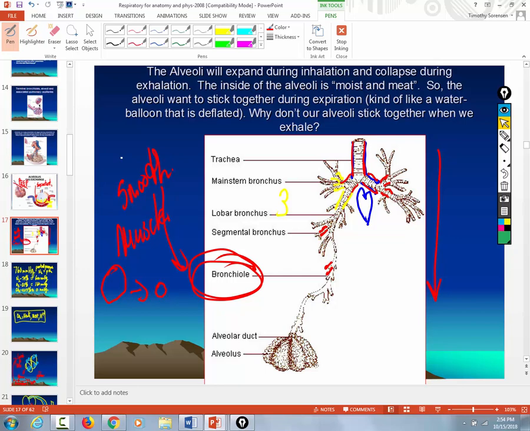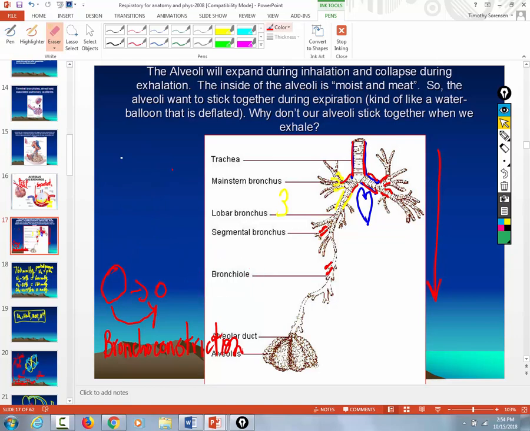So when the bronchial muscle contracts, you get bronchoconstriction. And when the bronchial muscle relaxes, you get bronchodilation.